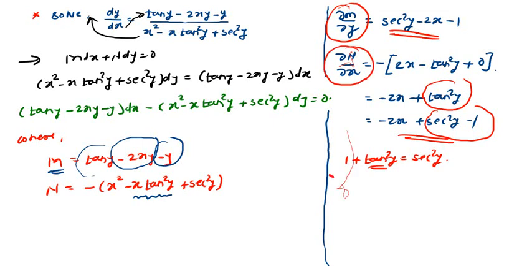So what we get is ∂M/∂y equal to ∂N/∂x. Once this condition is satisfied, then you can directly find its solution just by using the formula.